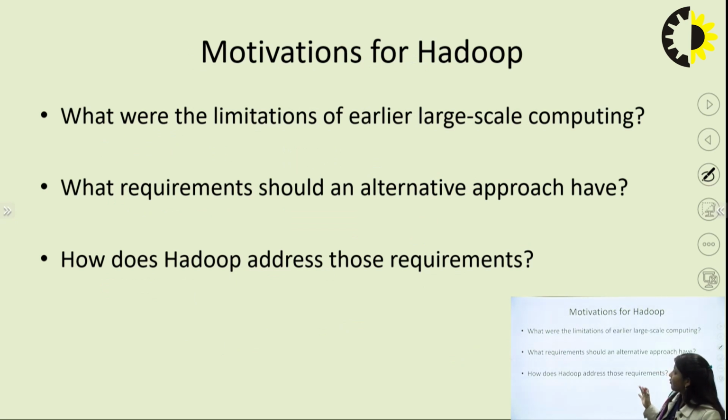Motivation for Hadoop is what were the limitations of the earlier large scale computing. So why do we need the Hadoop technology? Because we all know, before the development of this technology, we had the distributed system in which we try to divide our work over different processors so that we can execute the task in parallel, divide the task, and save time.